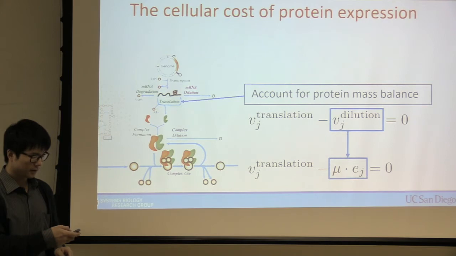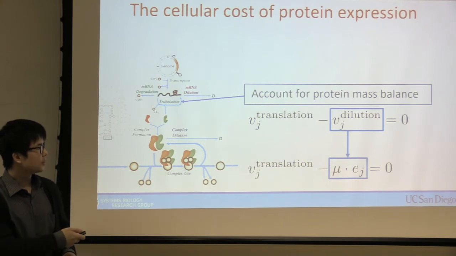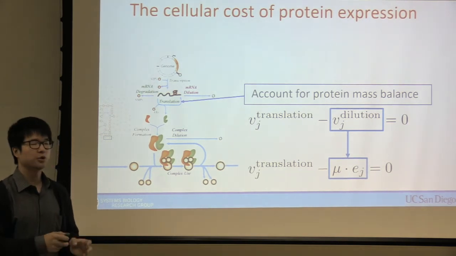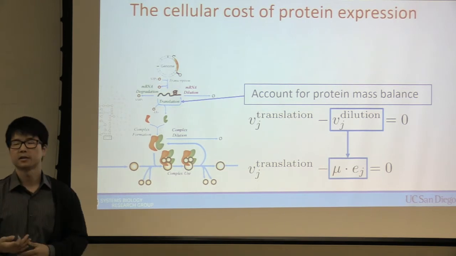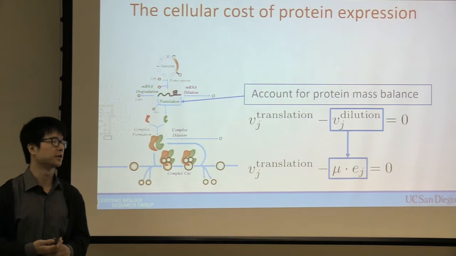So we started with the metabolic network and enzymes. We can add on fluxes for translation. And we'll do a mass balance on each protein. We'll say synthesis minus its consumption is 0, so there's no accumulation or depletion.